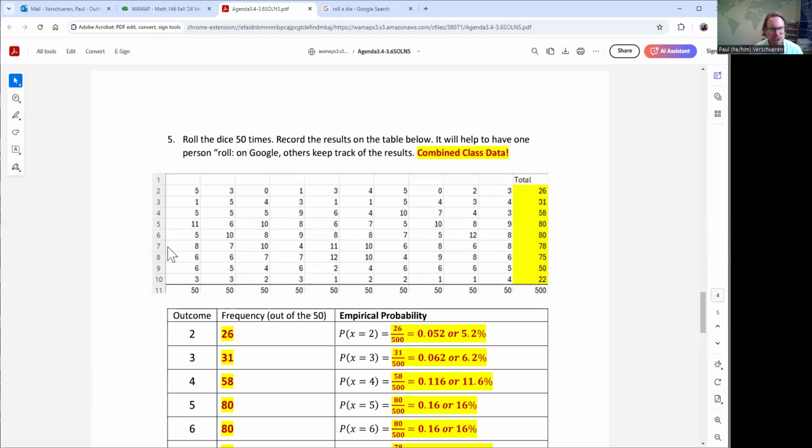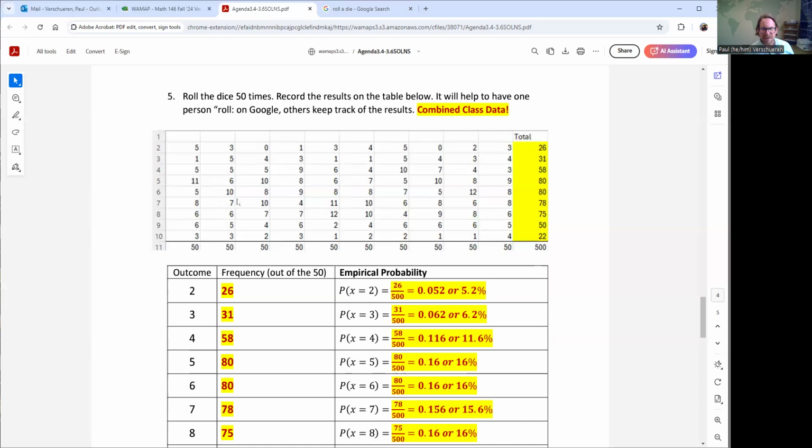But if we look at just the 7 row right here, one group rolled 8, one group rolled 7, one group rolled 10, one group rolled 4. There's all this variation. That doesn't mean there's anything wrong with this website. It just means it's random, and it's not probably going to roll exactly 16.67% of the time when you only roll 50 times.